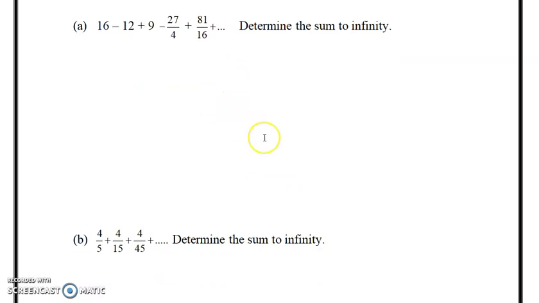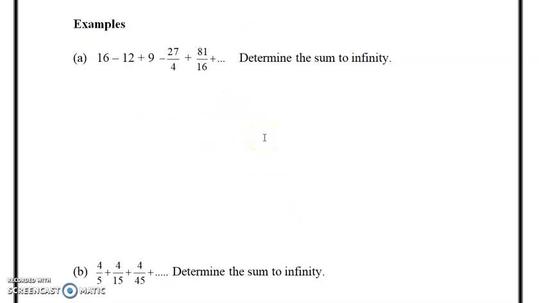So examples, it says, example A is 16, -12, 9, -27/4, plus 81/16. So in this example, what we'll do is we'll write down what we have. First thing we know is we have T1. So T1 is equal to 16.